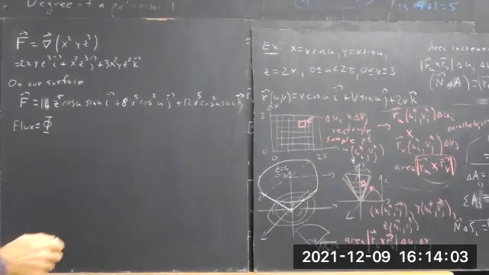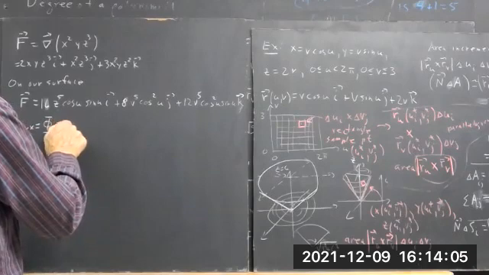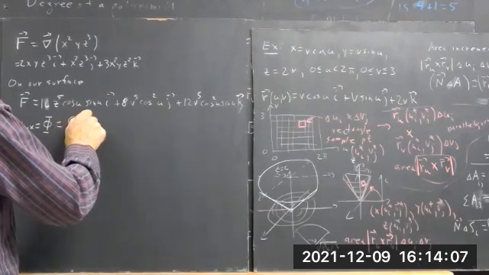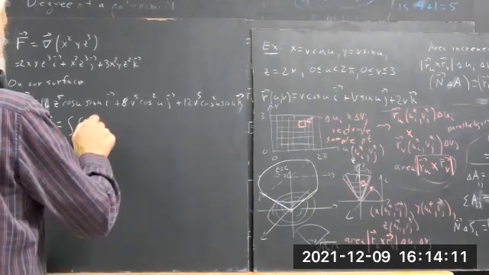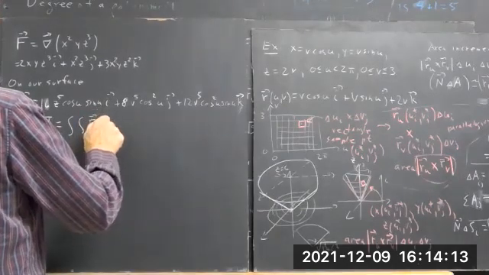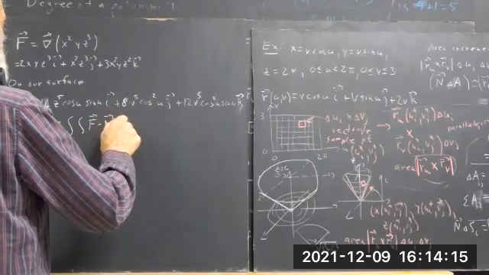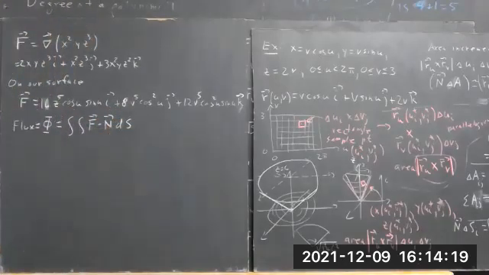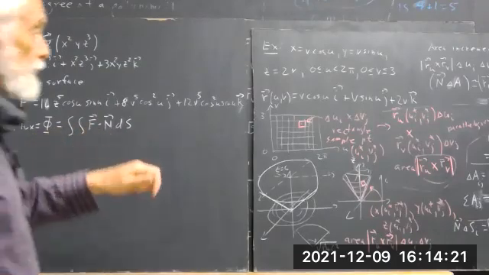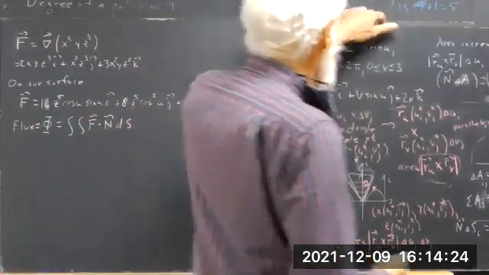Using capital Phi for flux, it's a double integral of f dot n dS. Remember, n dS is what we had over here.